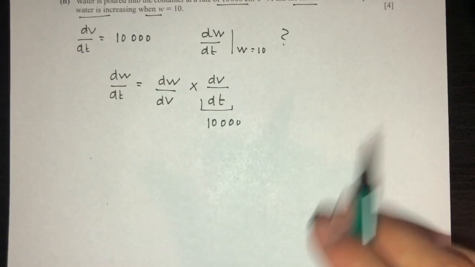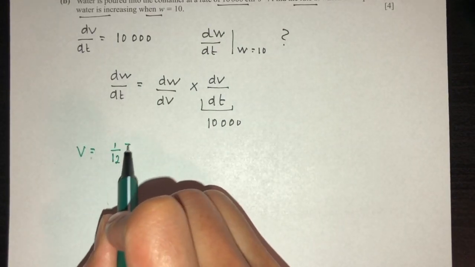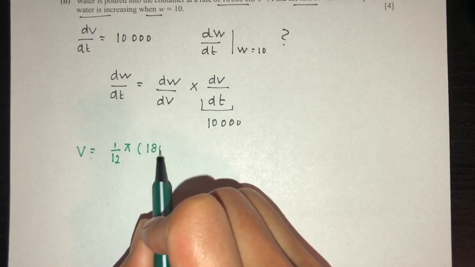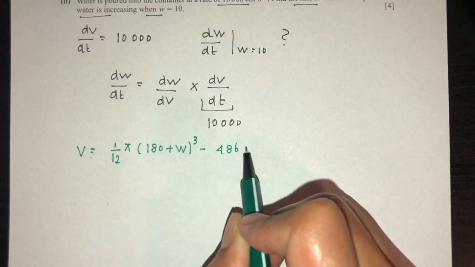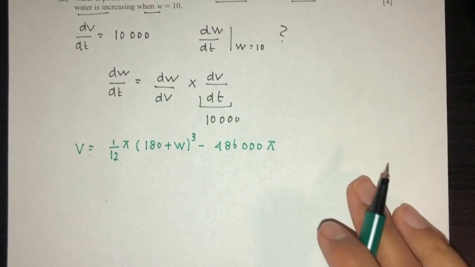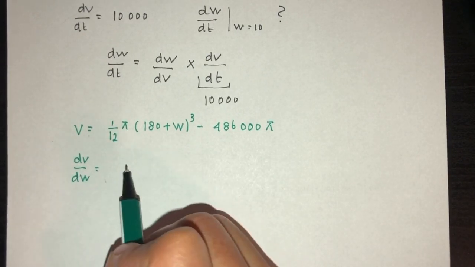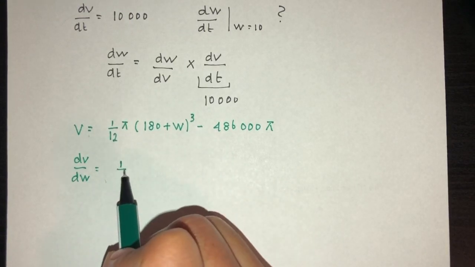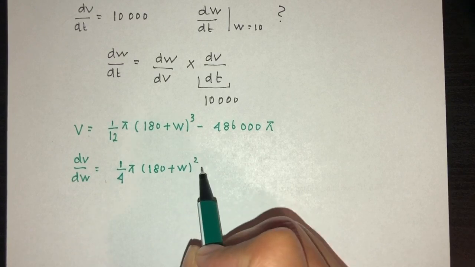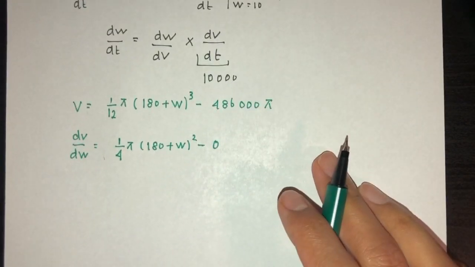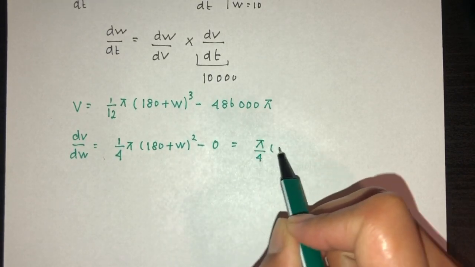As you have seen previously, the value of V is given by 1 over 12 pi, (180 plus W) cubed, minus 0.6123 pi. So we have to find dV by dW. Multiplying by 3, that will be 1 over 4 pi (180 plus W) squared, minus this will become 0. So here you have pi over 4 times this.